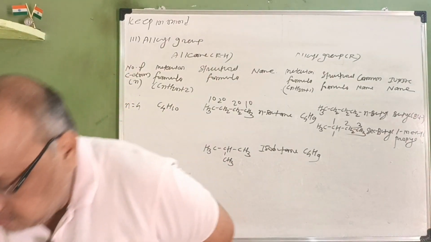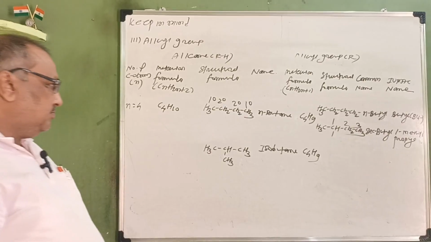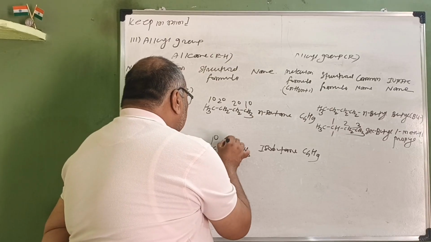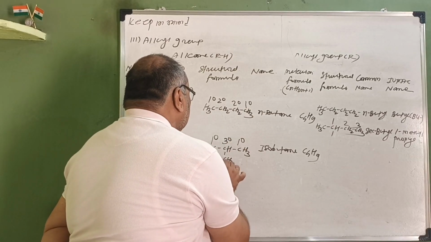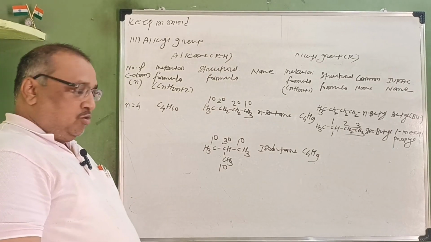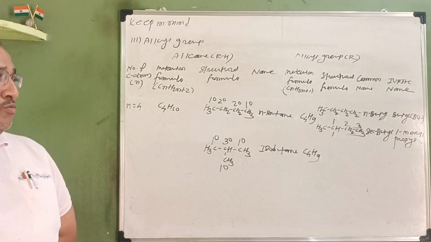Now again, isobutane also has two types of carbon, that is primary and tertiary. So you have two choices to remove the hydrogen.